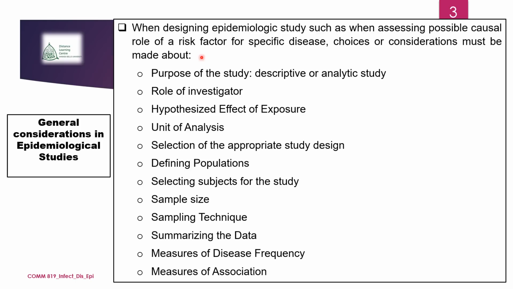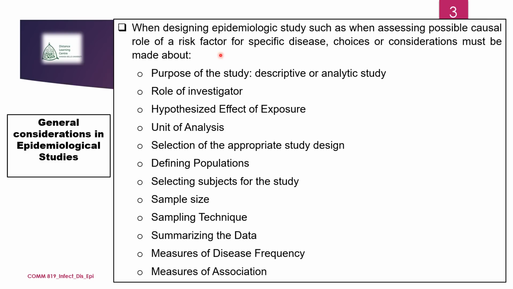You don't just go into the field and begin to say, I'm here to investigate an outbreak. Understand? You need to make prior planning. There are certain considerations that you need to look at, very, very important.